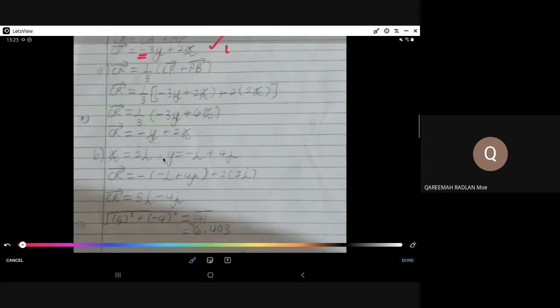And so CB is CP plus PB. So in the bracket, you'll get CP is the one you found just now, negative 3y plus 2x. Plus PB is 2 times AP. So 2 bracket 2x. And then you plus that.